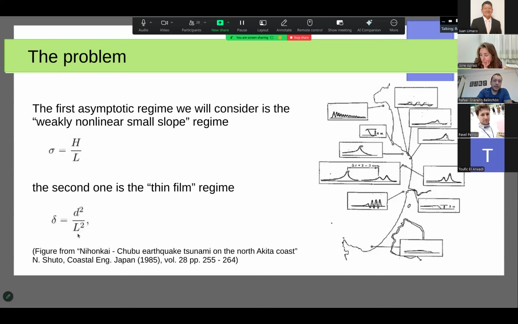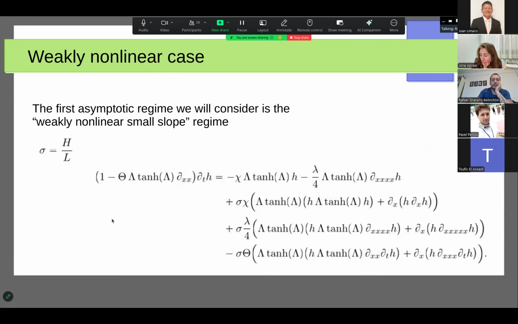Sometimes this is called the amplitude over nonlinearity parameter or something like this in the water wave community. And delta being small means that the system is in what is sometimes called the shallow water regime.